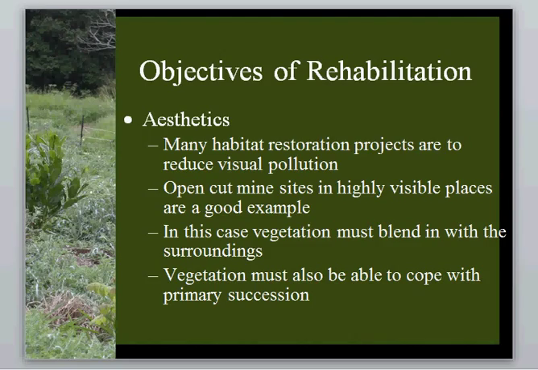So planting an ecosystem, a rainforest ecosystem, for aesthetic effects is quite often something which is done around the world. In this particular case, the vegetation must blend in with the surroundings. So if it's a forest type natural ecosystem, then it's no use planting a savanna.